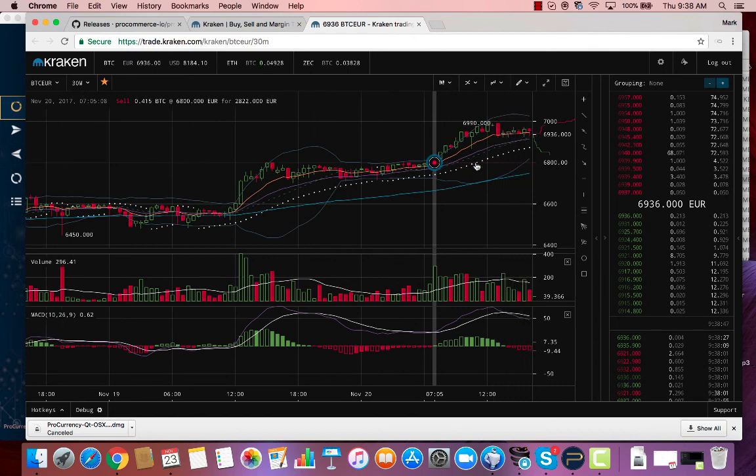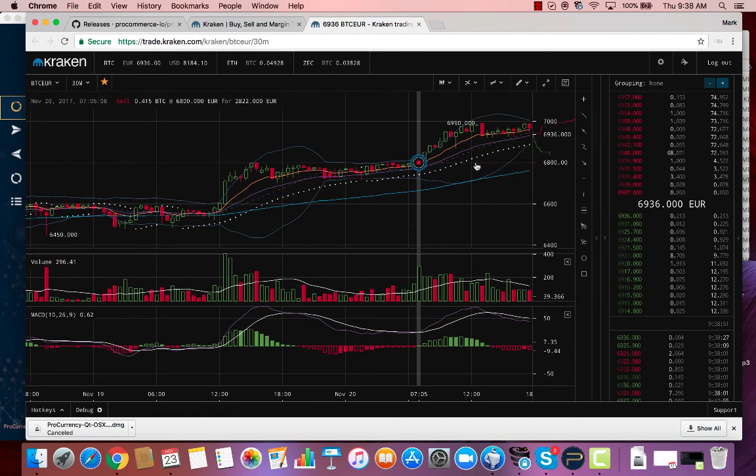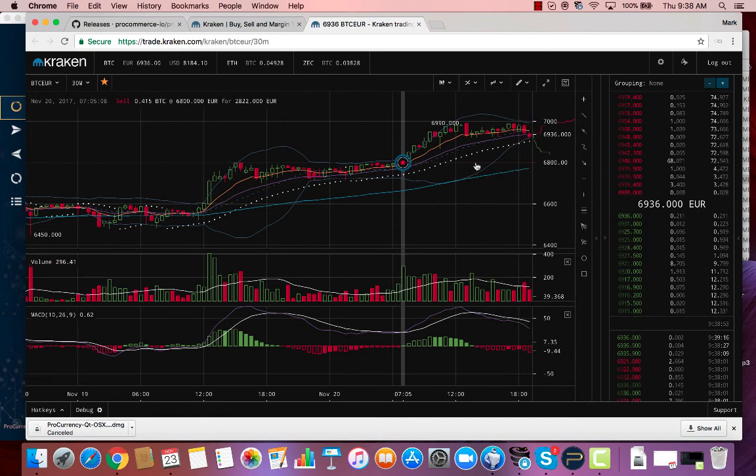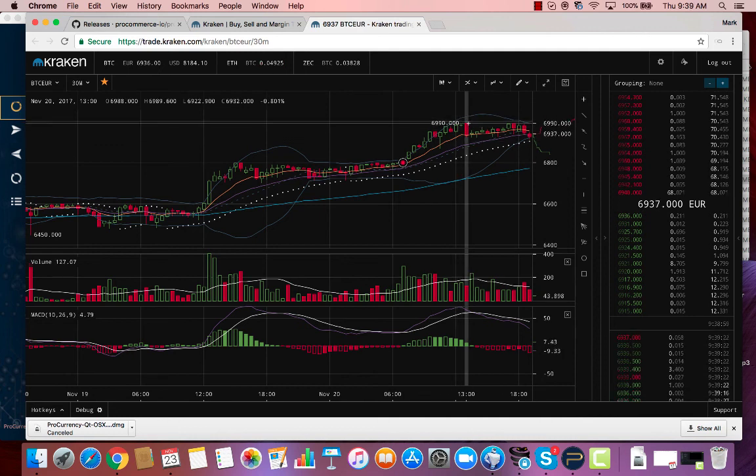So what happened then is we got up here, and you could see that in this area we hit the high of 69.90, and the price action was bouncing around. It would not penetrate 69.90, the previous high.